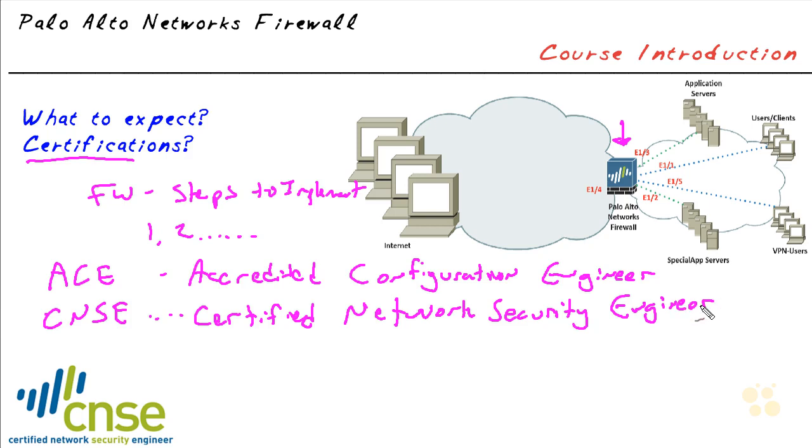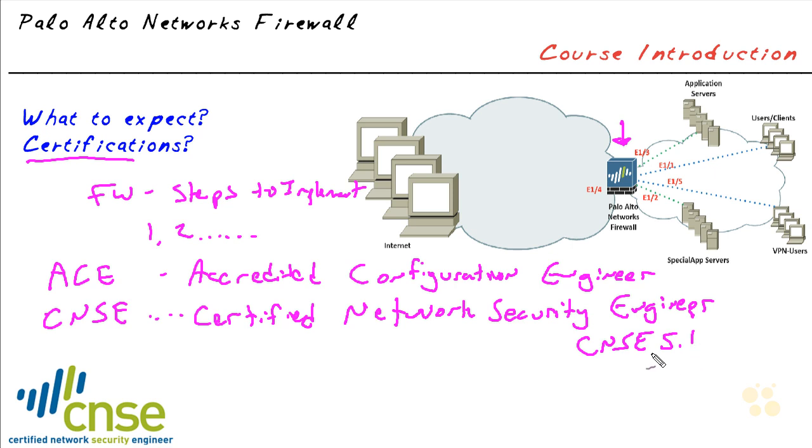Now, there's a couple interesting things with the CNSE. First of all, it's tied to a specific version of software, specific train of software. Okay, so as an example, mine is the CNSE 5, which was actually tested on 5.1 software.